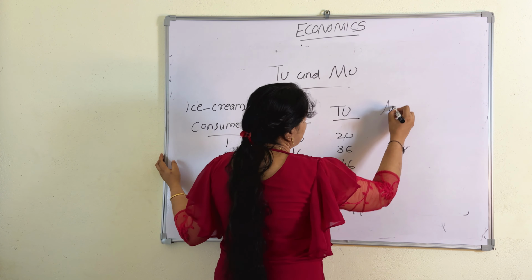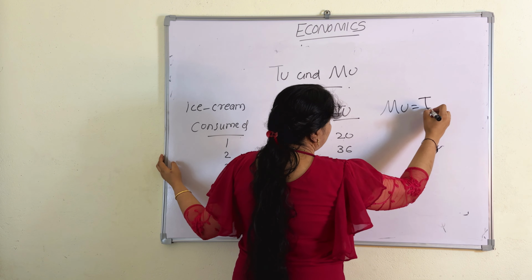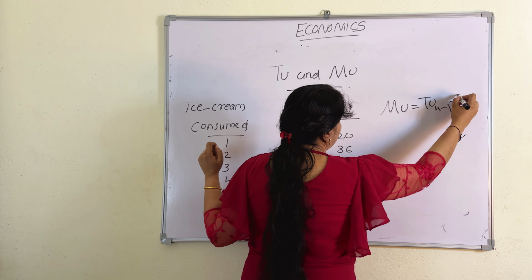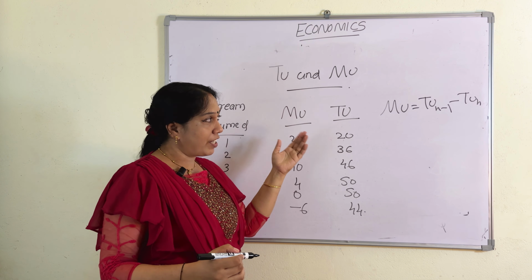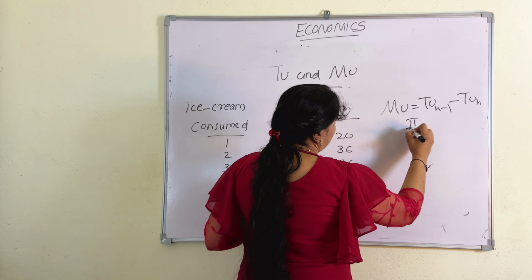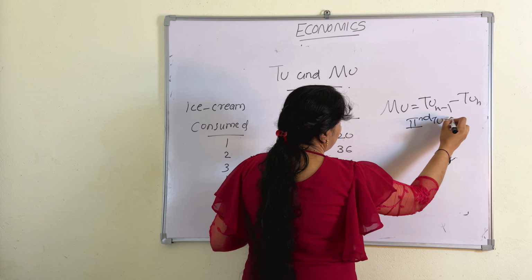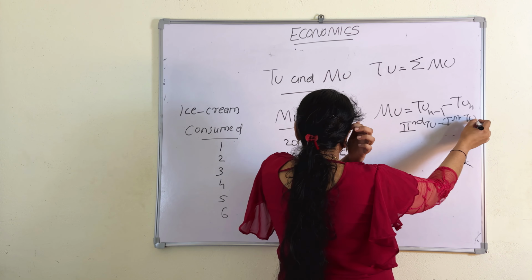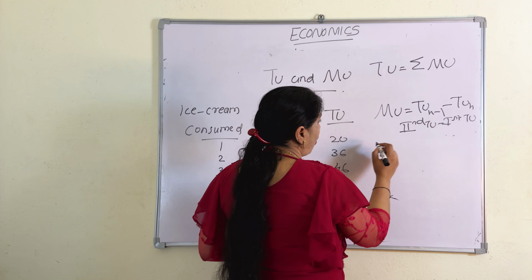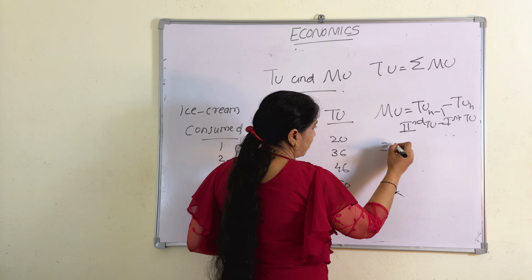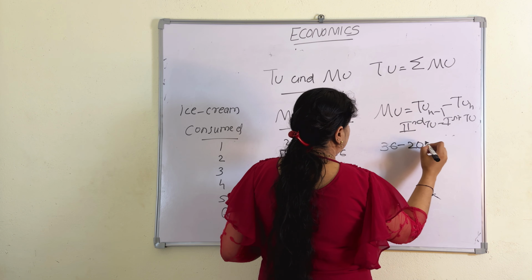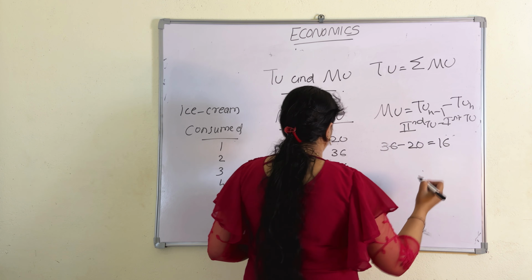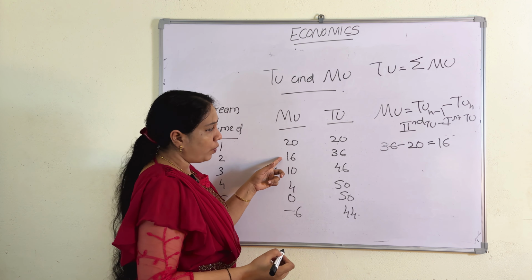Okay. Now we can see how to find out the marginal utility. We already studied the formula, that is TUn minus TUn-1, that is second total utility minus first total utility. Here you can see the second total utility is 36 and the first total utility is 20. So 36 minus 20 is 16. Okay, 16 is the marginal utility.